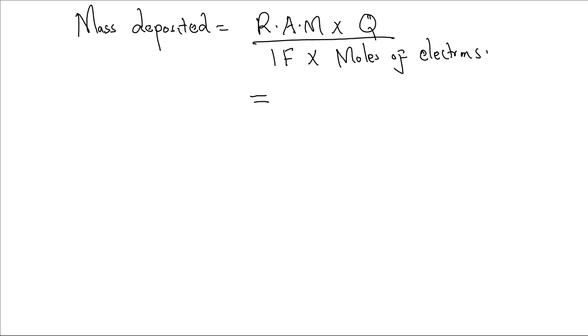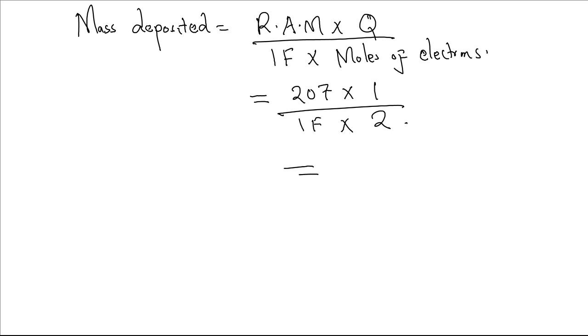So that would be RAM 207, quantity is 1, and that is 1 Faraday as well, times moles of electrons are 2, and that gives 103.5 grams.